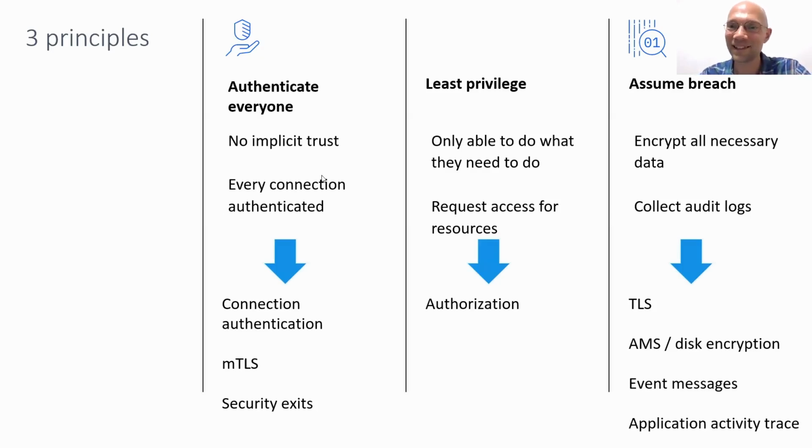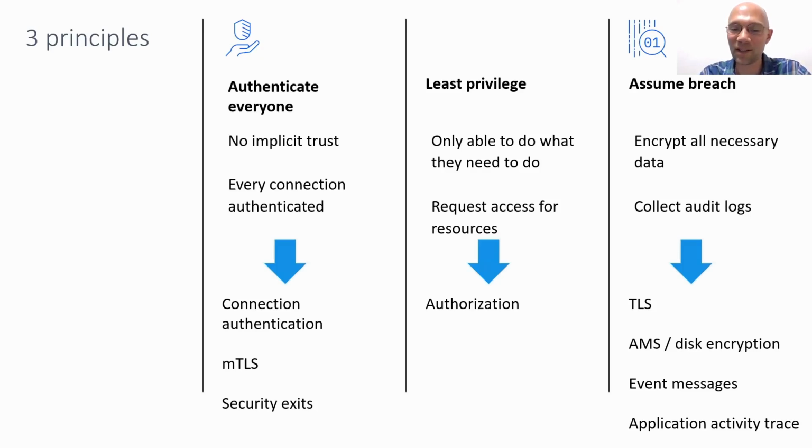I'm going to say on this slide, it gives you the ability to set authorization controls on pretty much anything that you can do within MQ. And of the last principle of assume breach, which of course breaks down into the two aspects of, first of all, encrypting data.